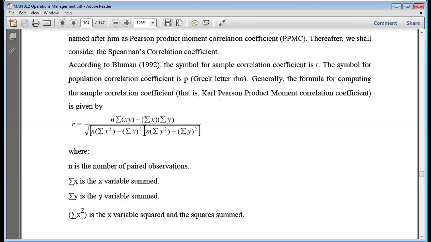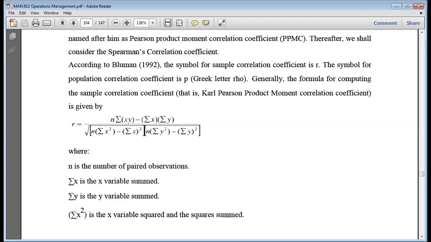So this is the formula for Pearson product moment correlation, where you use R as the coefficient. So when you get the R coefficient, that is when you now determine whether it has a strong relationship or a weak relationship, and whether it has a negative relationship or a positive relationship.